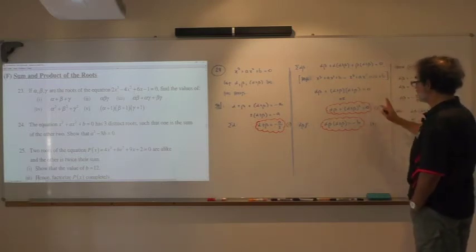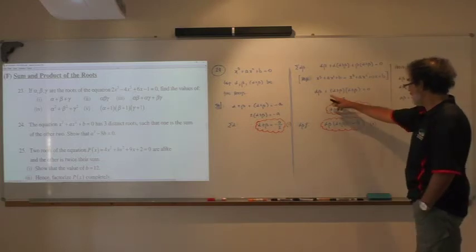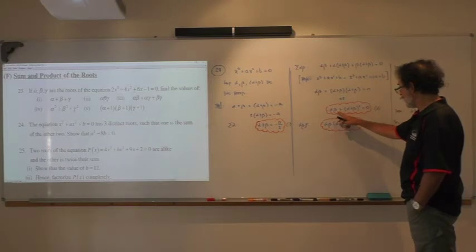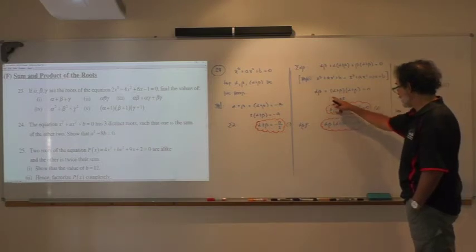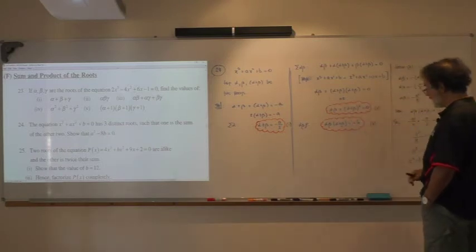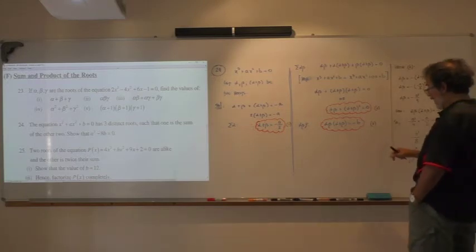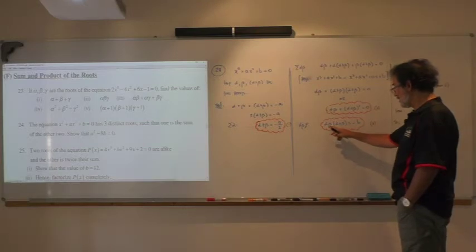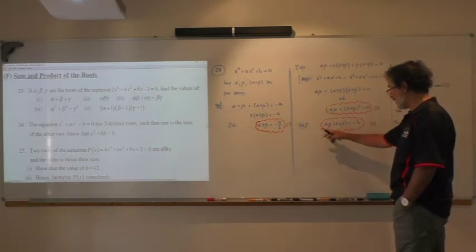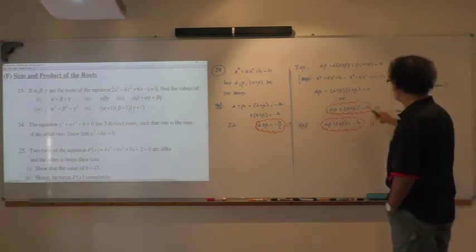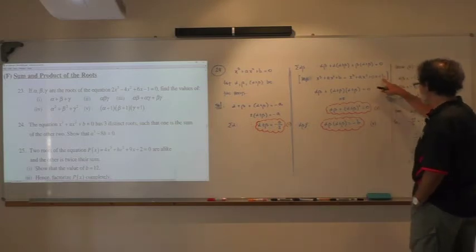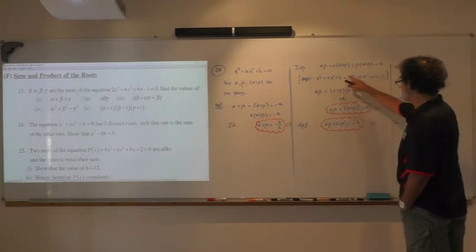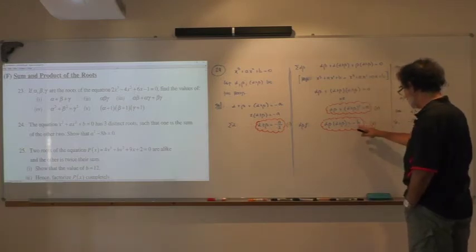So that is correct. And then we have alpha beta, this is the same as that. And then we do the multiplication. So when you do alpha beta gamma, that is equal to minus b on a, which is 1. So it's going to be simply minus b.